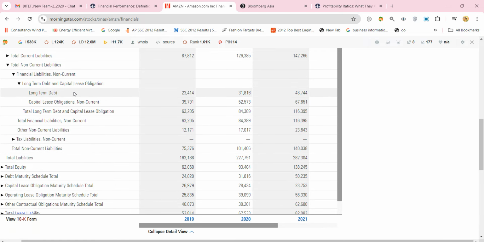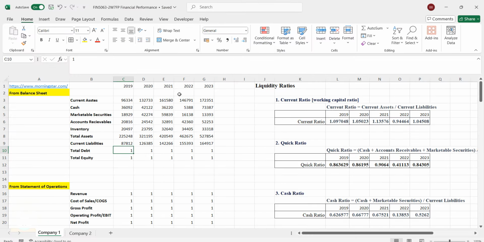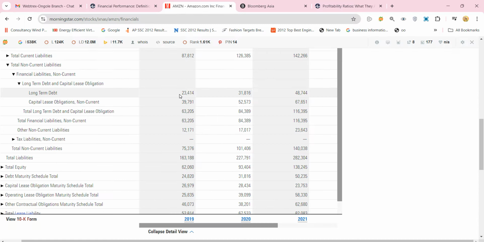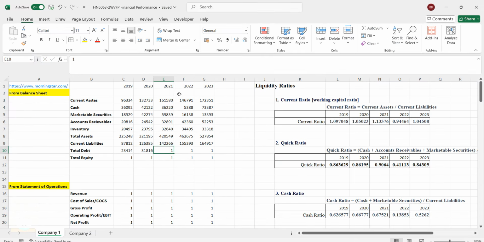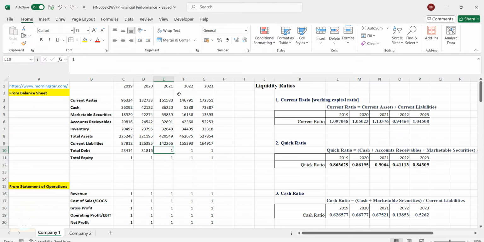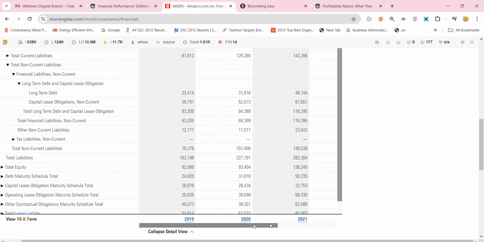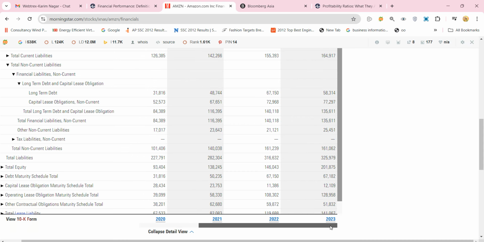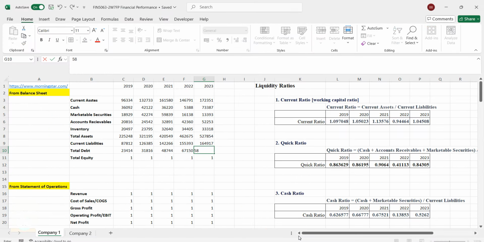Click on long-term debt. For 2019, the value is 23414. Similarly, you are supposed to cross check for your company. As a simple example, I'm taking 31816, 48744, and the remaining values 61150, 67150, and 58314.